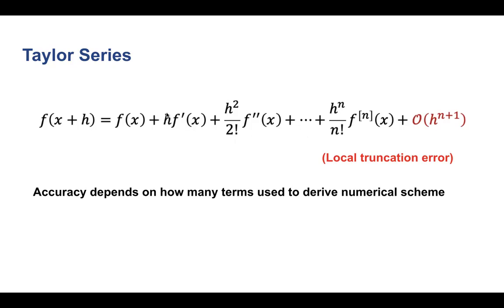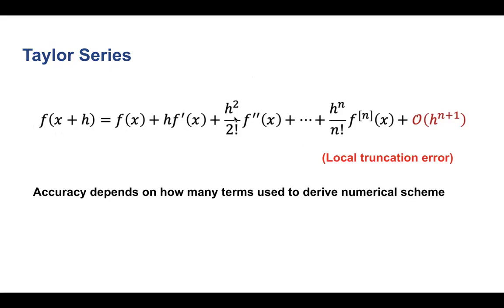This is h, this is h square, then you will have h cube by 3 factorial, and so on, up to h raised to n by n factorial. And finally, there will be an extension term of the order of h raised to n plus 1.